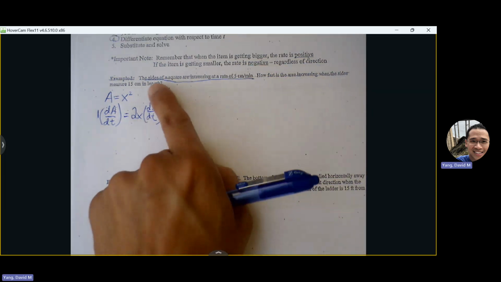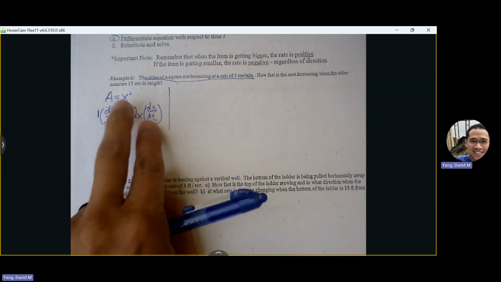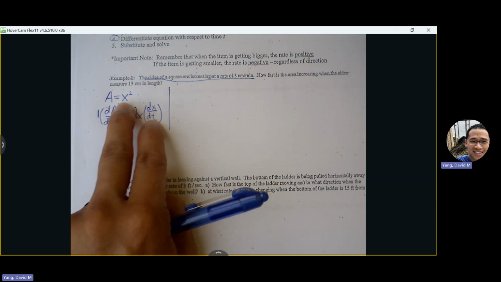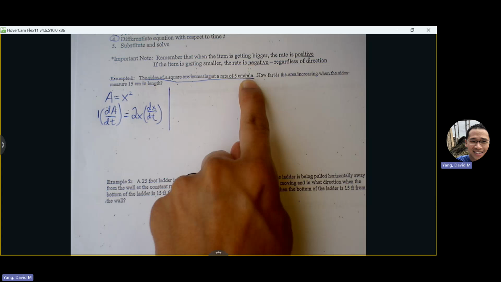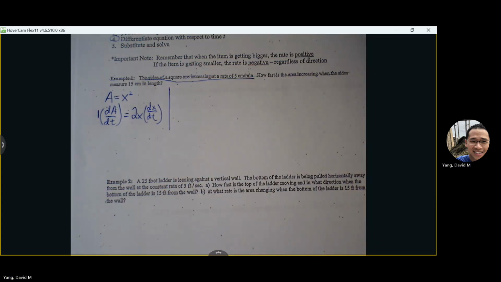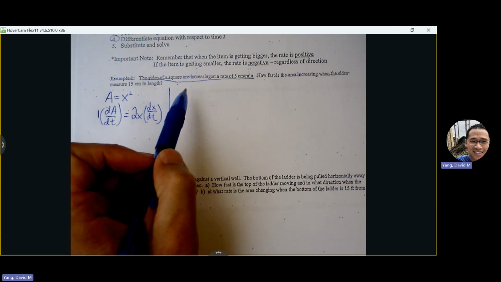Okay. Well, we see sides of a square, right? So it can't be area. It's either going to be x or dx dt. So which one do you think it'll be? 5 centimeters per minute. Yeah, dx dt. So there's all these words that give us context clues that there's a time component to this value.